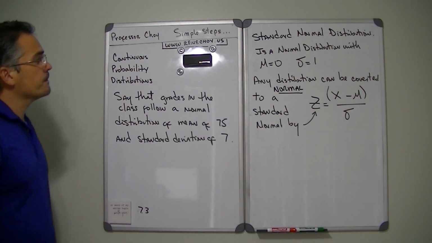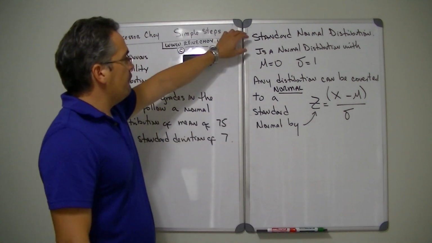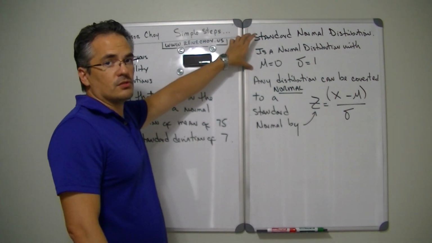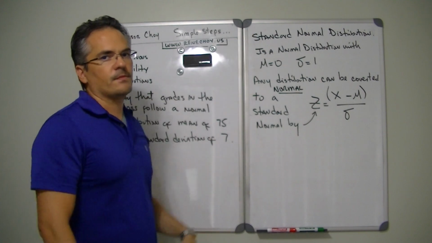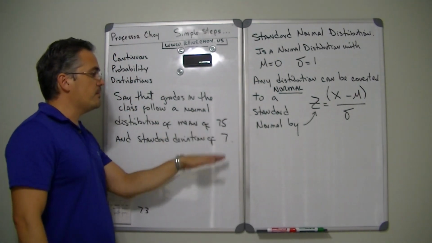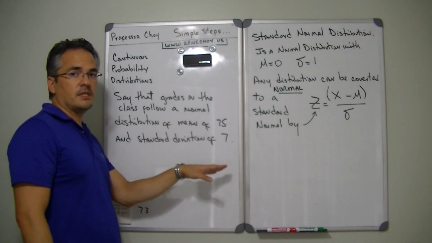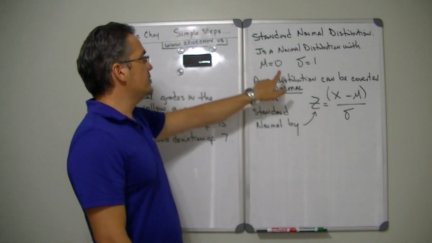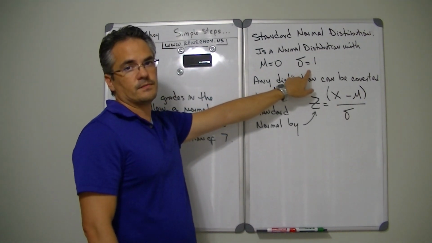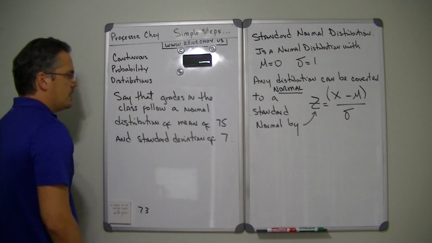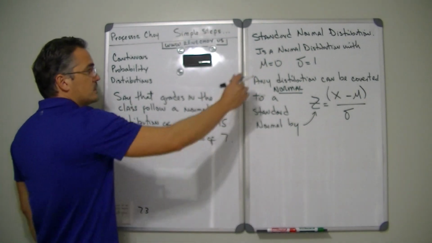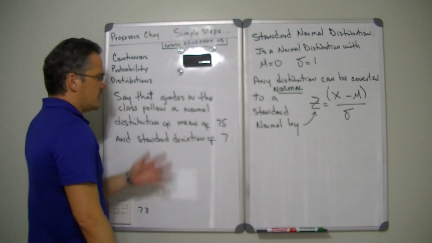Alright, so every time you turn any distribution into a standard normal distribution, what you're basically doing is you are turning it, whatever mean and standard deviation it has, into a distribution with a mu of 0 and a standard deviation of 1. Okay? So in order to turn this into a standard normal distribution, we have to do the z of these values.